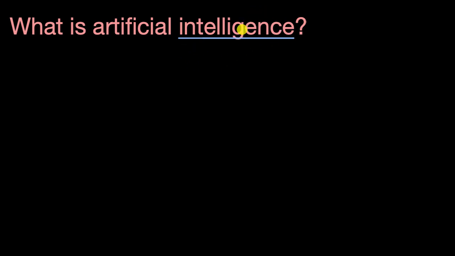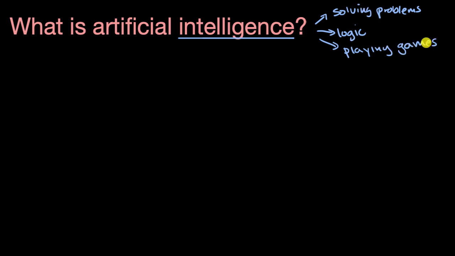Well, for most of us, we associate intelligence with things that our brains, that our minds are doing. Things like solving problems. Maybe logic, maybe playing games, especially games that involve the mind, games like chess or checkers, making recommendations.